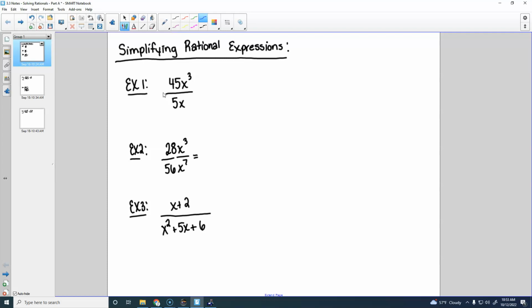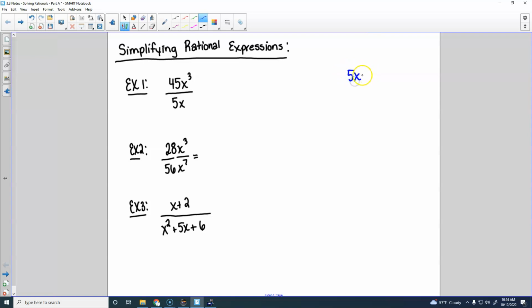So the first thing that I want you to do for these problems is look at the denominator. And so my denominator is 5x, and that cannot equal 0. And so if I solve that, I divide both sides by 5. X cannot equal 0.